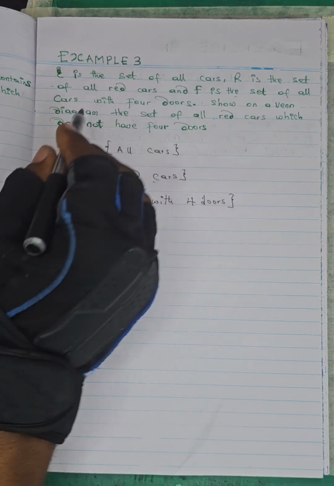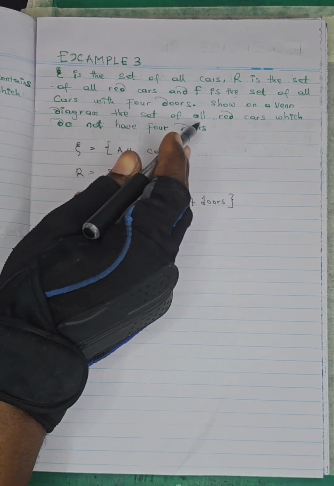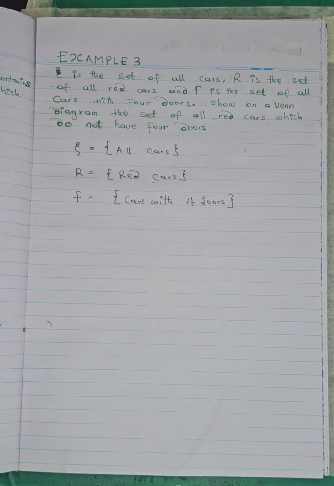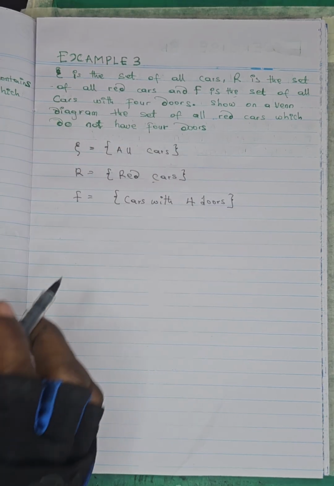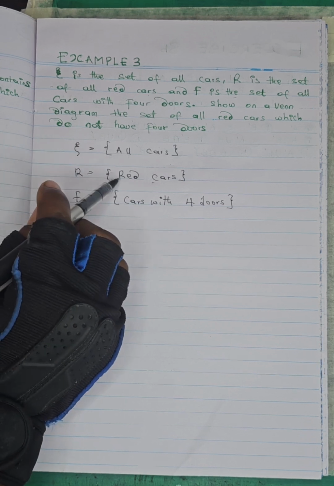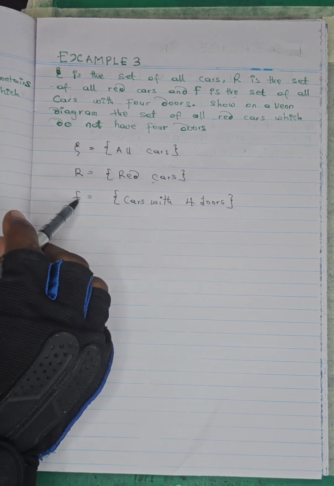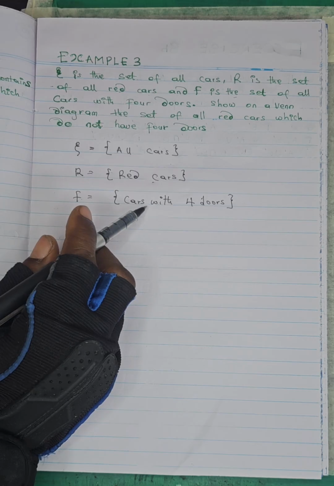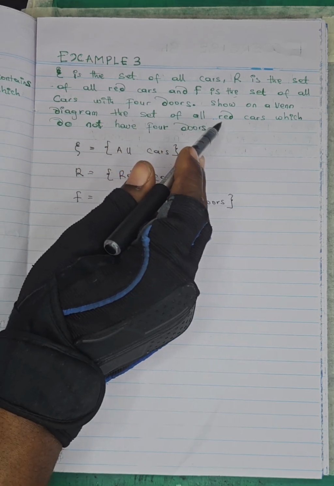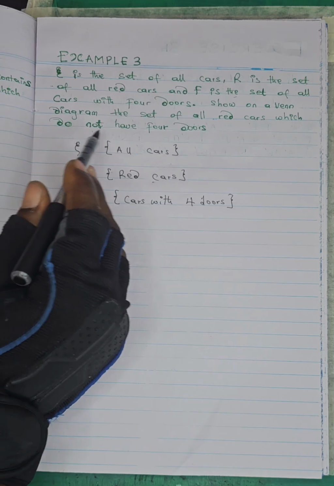Now show on a Venn diagram the set of all red cars which do not have 4 doors. We have all cars as this, we have R as red cars, and we now have F as cars with 4 doors. Now we are being told to look for, on the Venn diagram, red cars which do not have 4 doors.